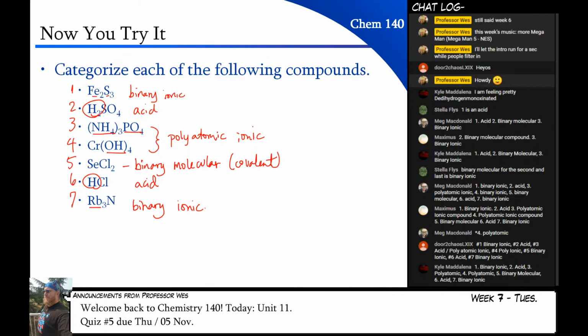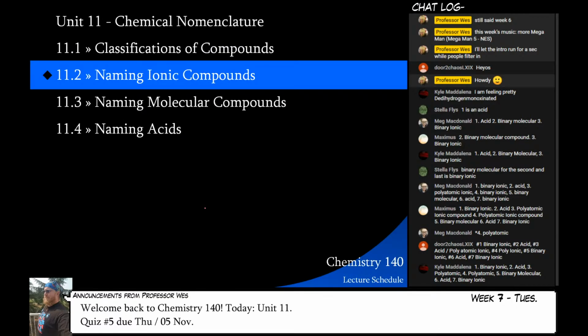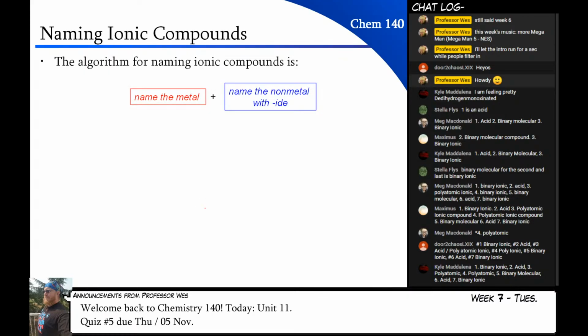All right. For most of the first part of the lecture, we're going to do ionic compounds because there's the most things in them. And I listed them first, so that's why we're doing them first. So let's talk about ionic compounds in a little more detail. What you see on the screen is the rule for naming an ionic compound.